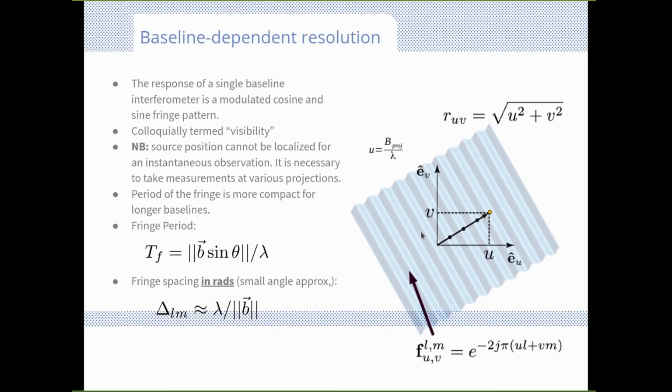The fringe spacing, so the spacing between points here, say the troughs of this fringe, is given in radians by roughly this relationship, lambda over the length of the baseline, and this gives us essentially also the resolution of the telescope. Whenever I refer to UV distance, I refer just to the Euclidean distance of u squared plus v squared, all square rooted.